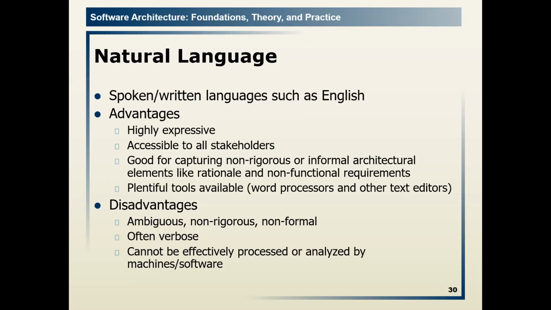Then it is good for capturing non-rigorous or informal architectural elements like the rationale and non-functional requirements. Since it is English, it can include any English word. So all the adjectives and adverbs that you want to write to explain the non-functional requirements, you can now include.